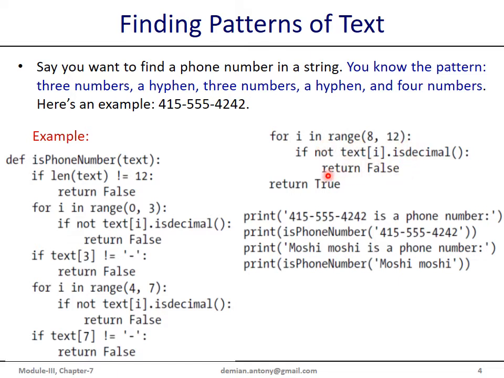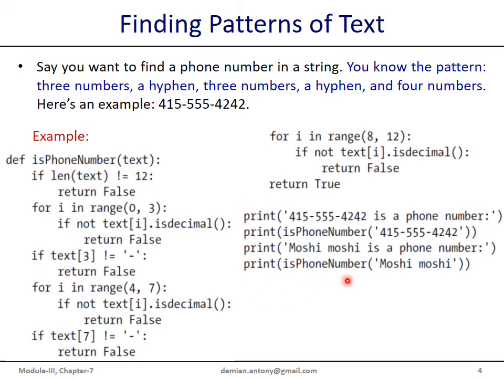And if all these tests, the test for decimal, hyphen, decimal, hyphen, and decimal, as well as the total length, qualify, then we return a value true, saying that it's a valid telephone number. And at any point during all these tests, if we find that a character doesn't obey the pattern, then we return the value false.